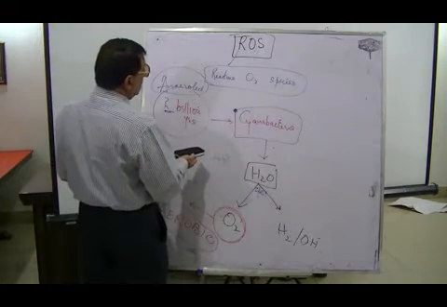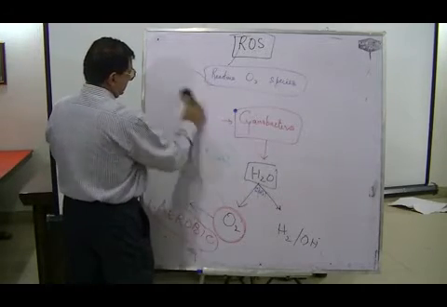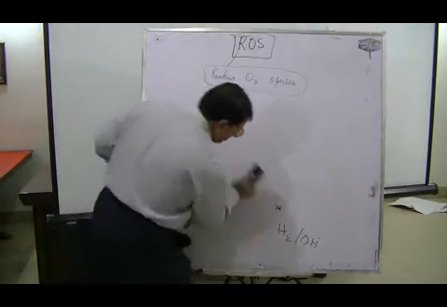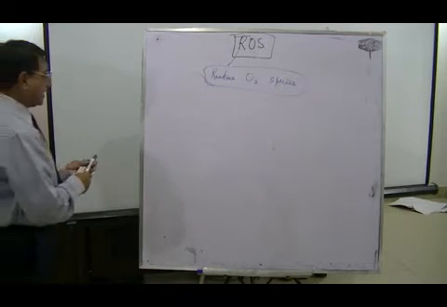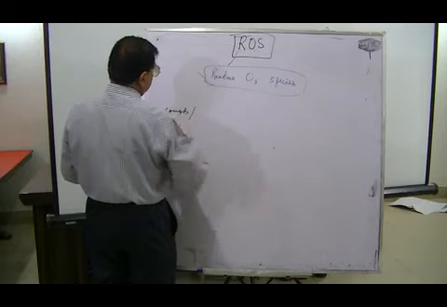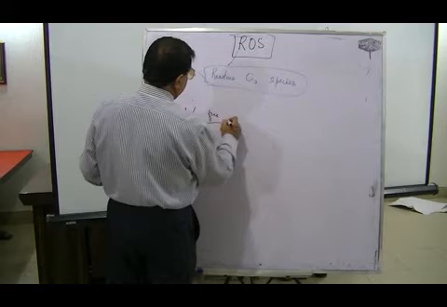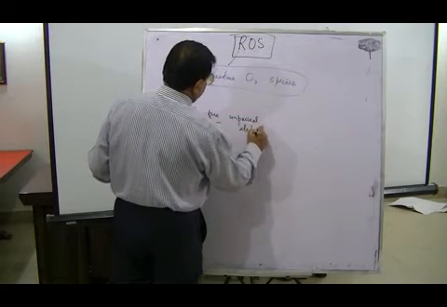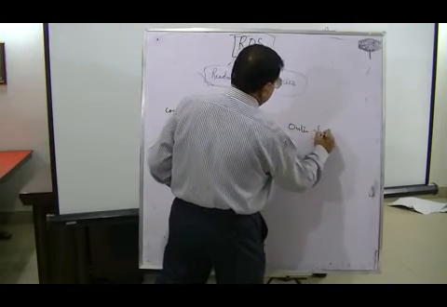Now, what are reactive oxygen species? Reactive oxygen species are compounds which have a free, unpaired electron in the outer shell.